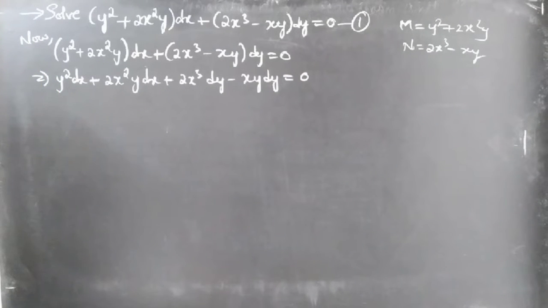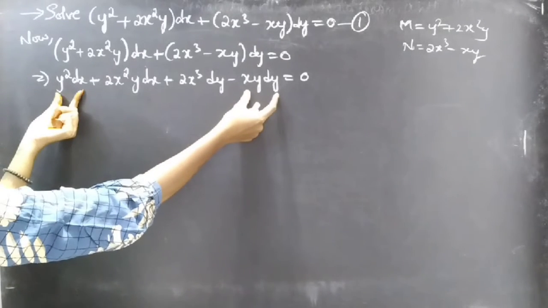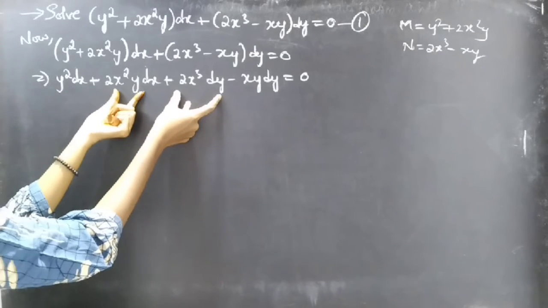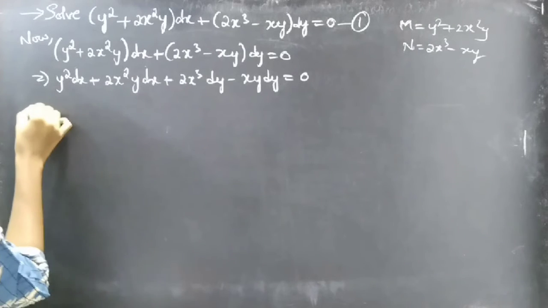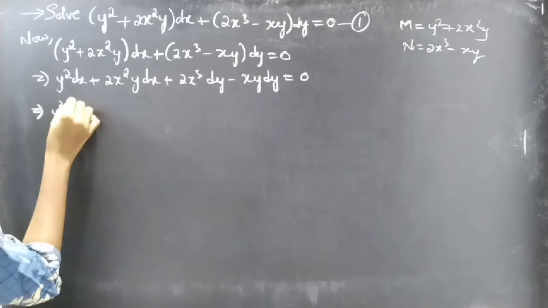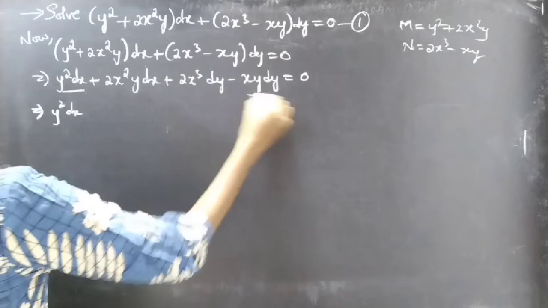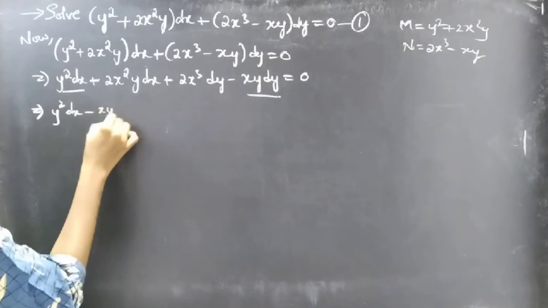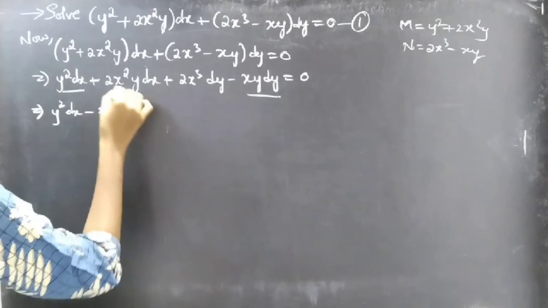Now if you notice, we can take y common from two terms and x² common from the other two terms. So I'll write the first term and the last term firstly. Now I'll write the remaining two terms.